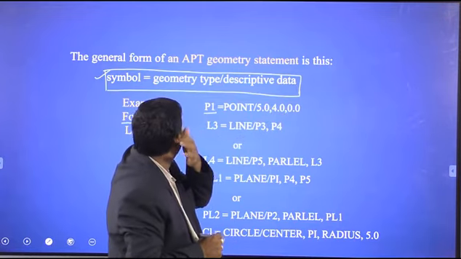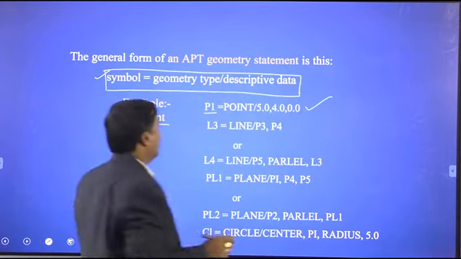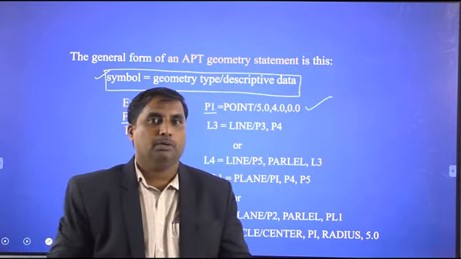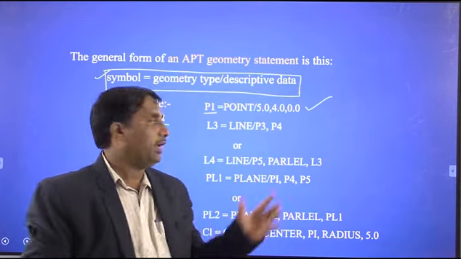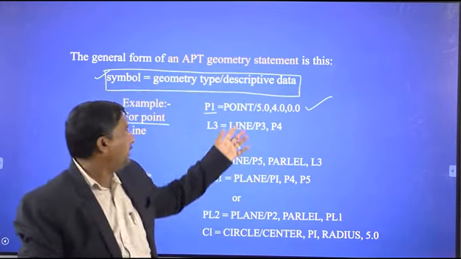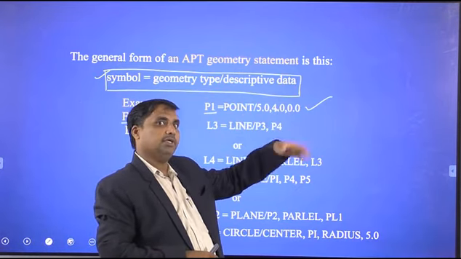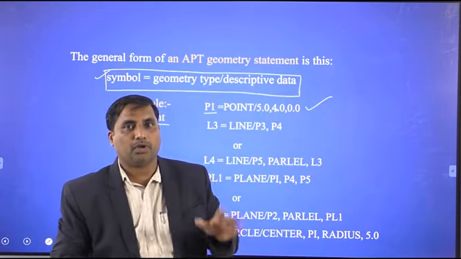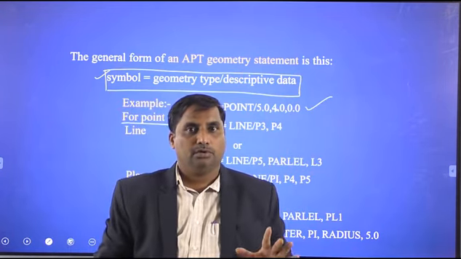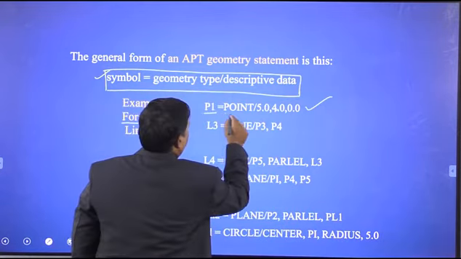So like this we can define a point directly: P1 = POINT / 5, 4, 0. You can represent different coordinates, not only 5, 4, 0. You can represent any x value, any y value, any z value, depending upon the work part we are going to do the machining operation. So this is the definition of the point.